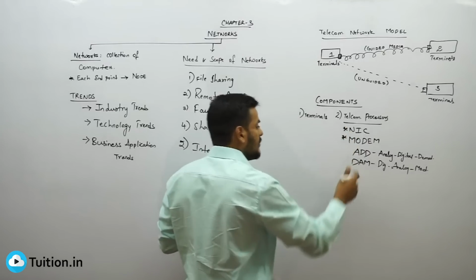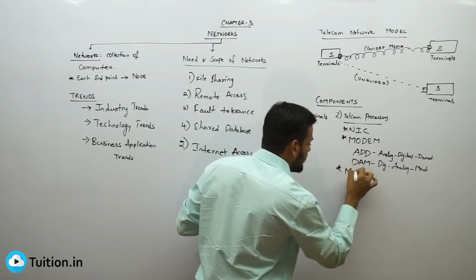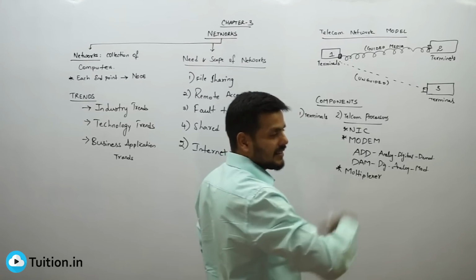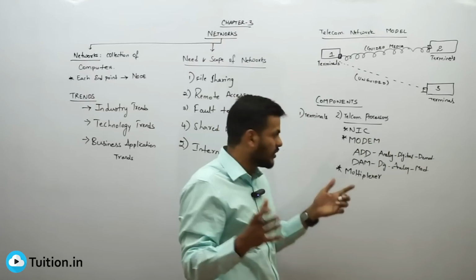So network interface card, modem, then we have something called a multiplexer, which multiplexes the signals, and there is a similar multiplexer on the other side which will split the signals again.